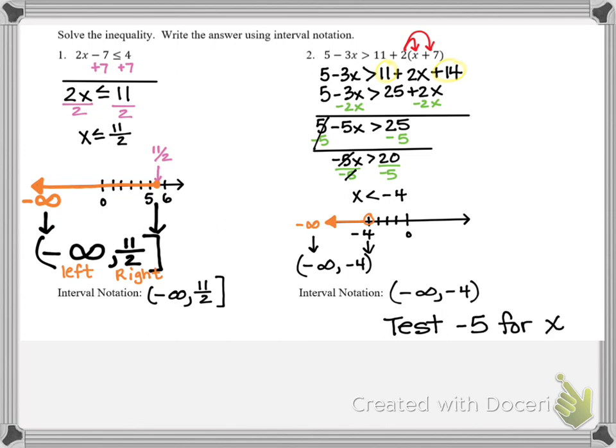If you look on your number line, -5 would be to the left of -4. When I say test -5, go back into the original inequality and substitute -5 everywhere you saw the x value. This time, you're not going to look for a balanced equation, but you want to make sure that the left side now becomes greater than the right side. So you get a true inequality statement after you substitute in the value for x that you chose.